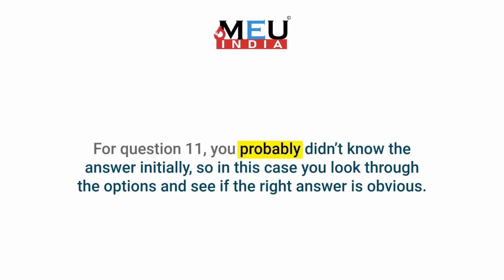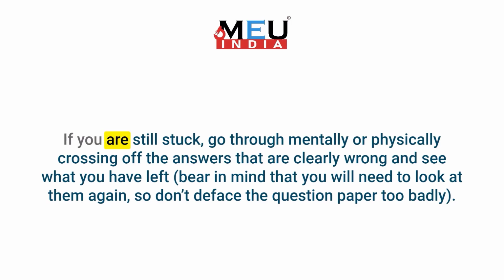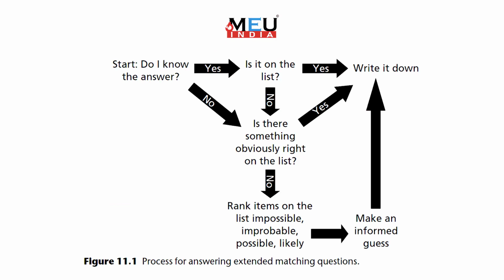For question 11, you probably didn't know the answer initially. So in this case, you look through the options and see if the right answer is obvious. If you are still stuck, go through, mentally or physically, crossing off the answers that are clearly wrong and see what you have left. Figure 11.1: Process for answering extended matching questions.